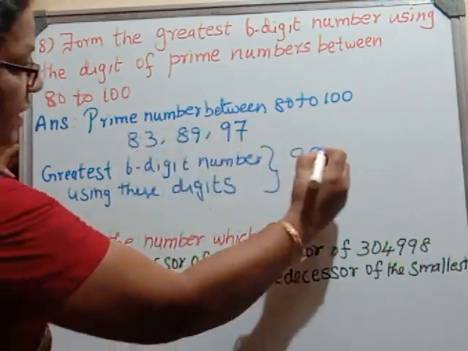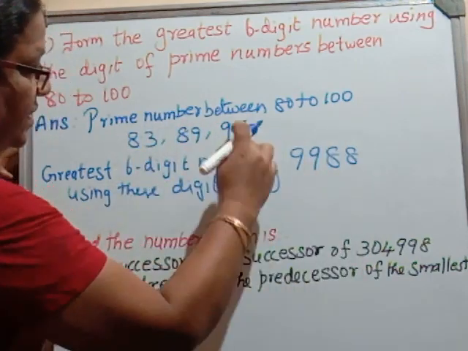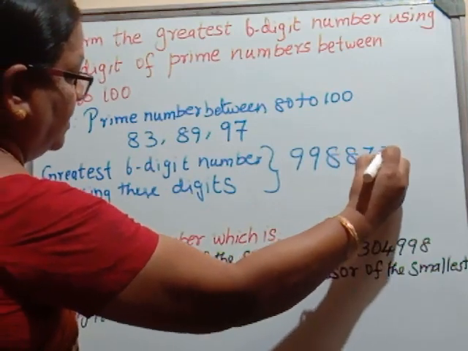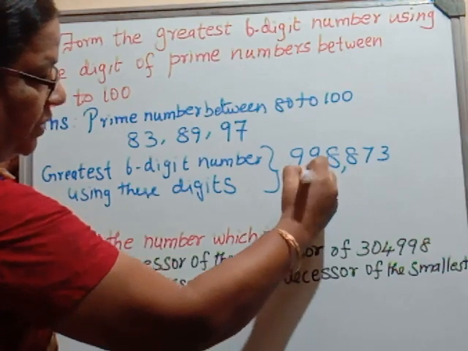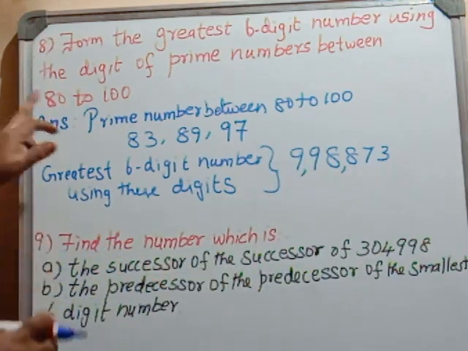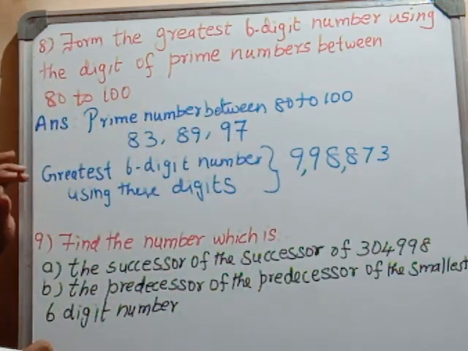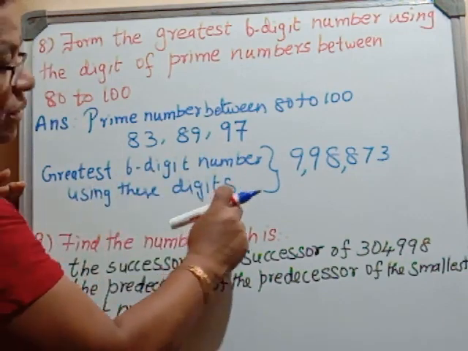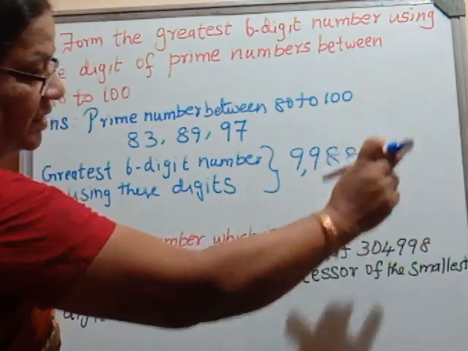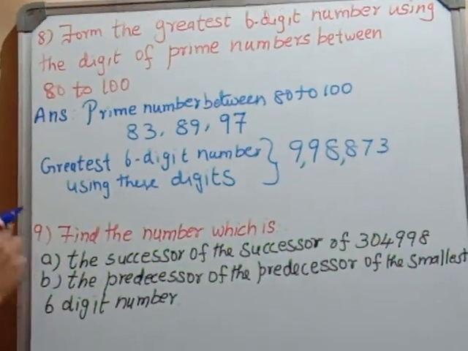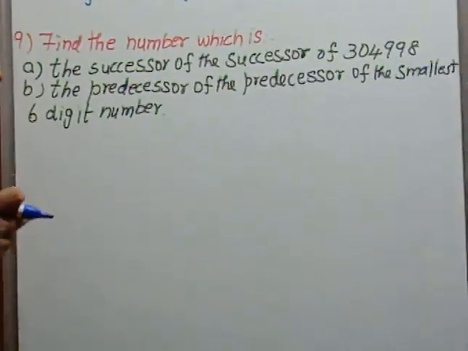Then how many 8s are there? 2 8s. Then what is the next number? 7, 3. So, 1s, 10s, 100s, 1000s, 10,000s, lakh. So, the prime numbers between 80 to 100 form the greatest 6-digit number. What is that? 9,98,873.